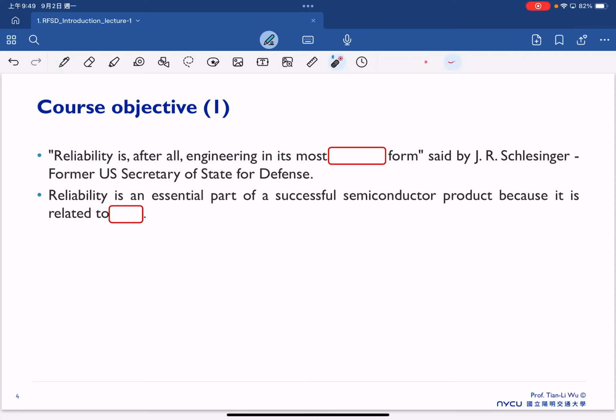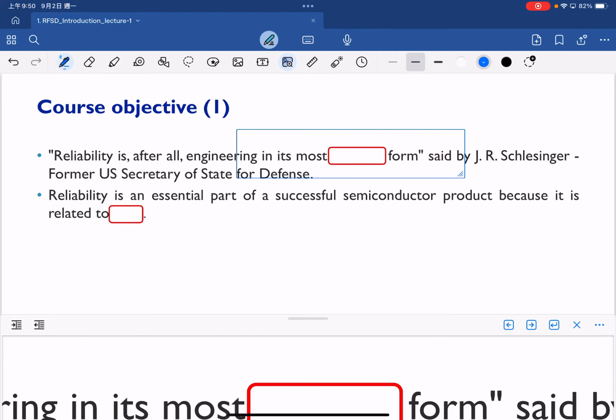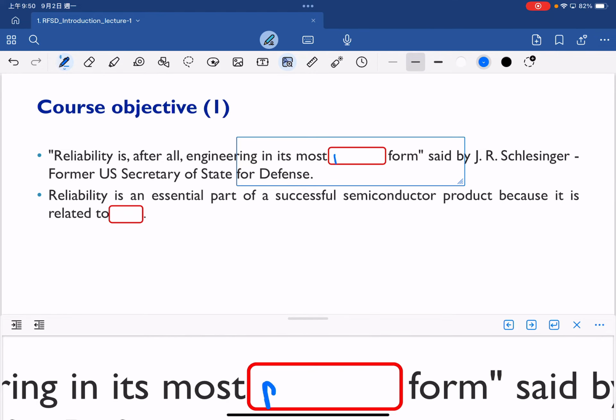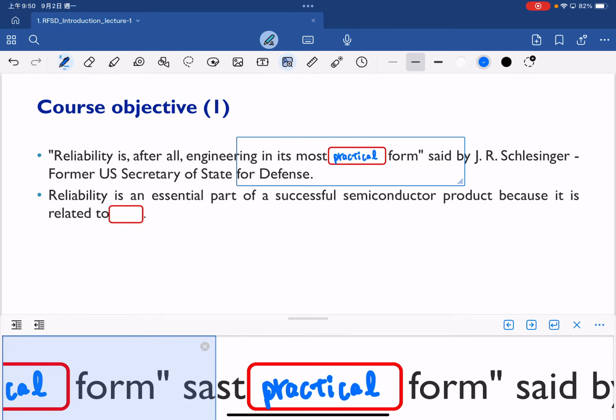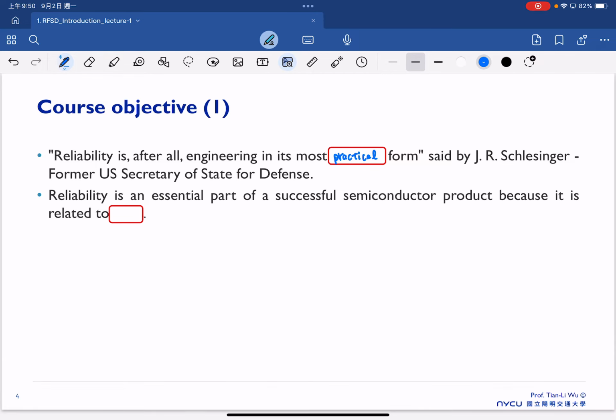So reliability is, after all, engineering in the most practical sense. Practical, that means 实际. This statement comes from a former U.S. Secretary of Defense, 美国的国防部长.